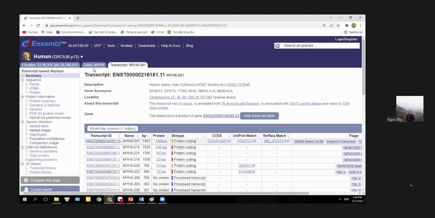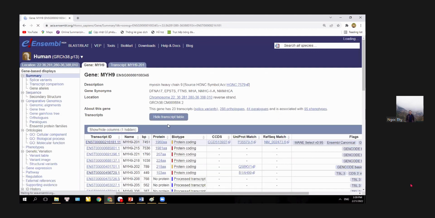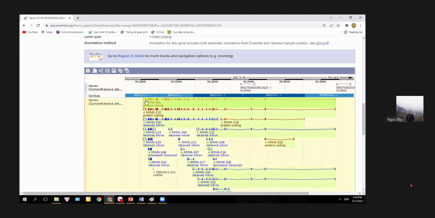Okay, so we can see in this figure that it includes 41 exons. The large, small but thick particle here is an exon, and the small and thin line here is the intron. Okay. And if you observe an exon with a dark color in here, that means that it encodes for protein.